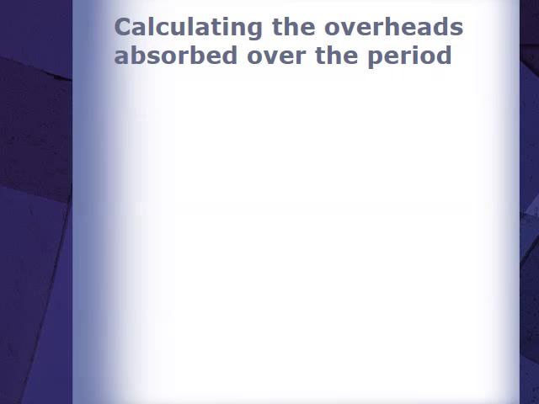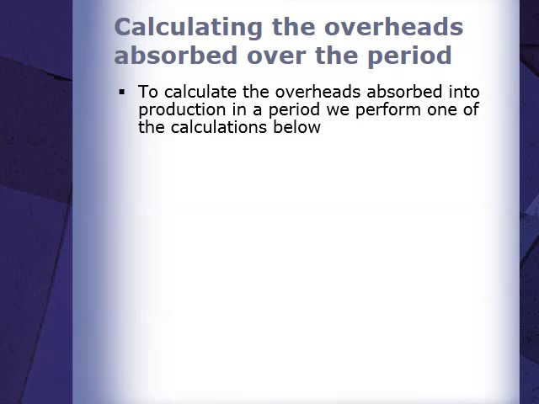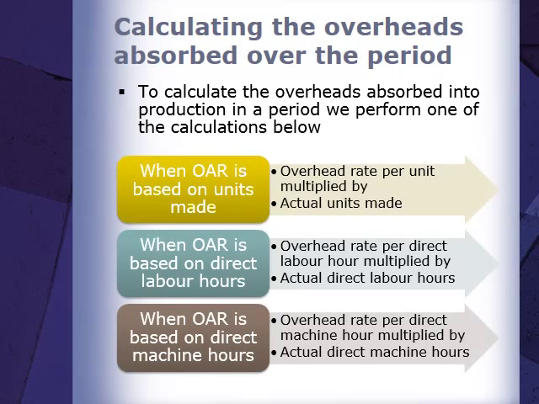Now, how do we calculate these overheads that have been absorbed over a period into production? Well, we perform one of the calculations below. Where our overhead absorption rate is based on the units that we're making, we'll take our overhead rate per unit and multiply it by the actual units made in a period.